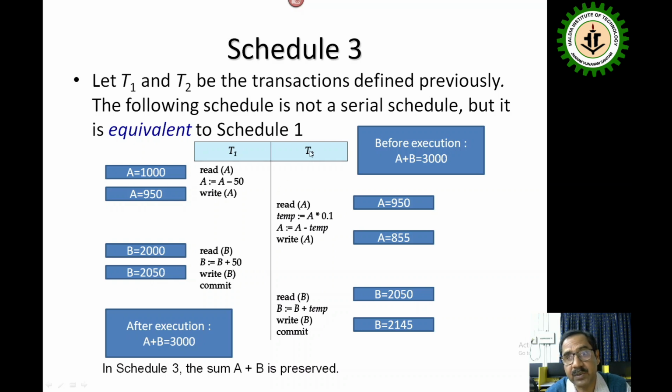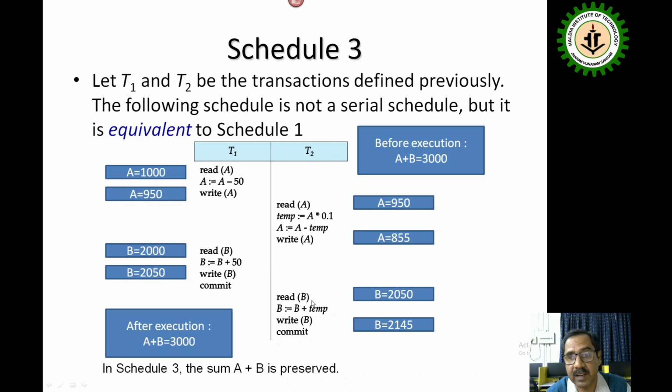So when T2 operates read operations on data item B, this is not the initial value of the account holder B, because before T2 reads data item B, the value of B is already modified by the transaction T1, and that is 2050.